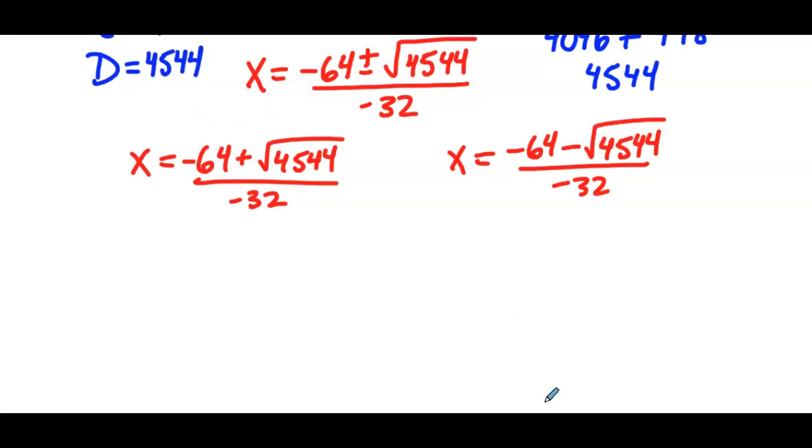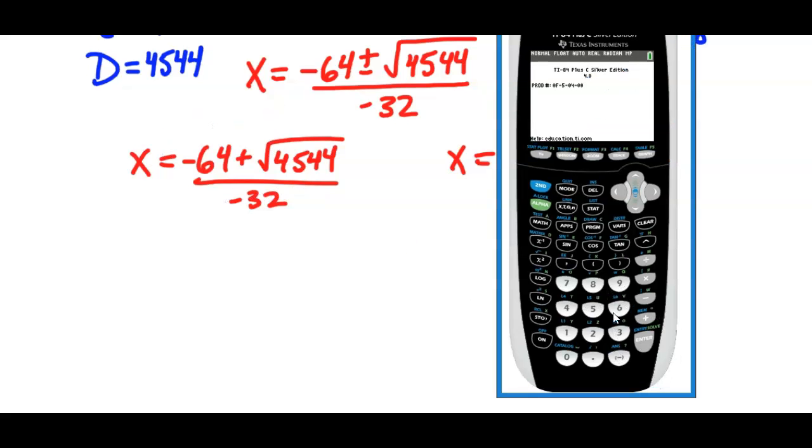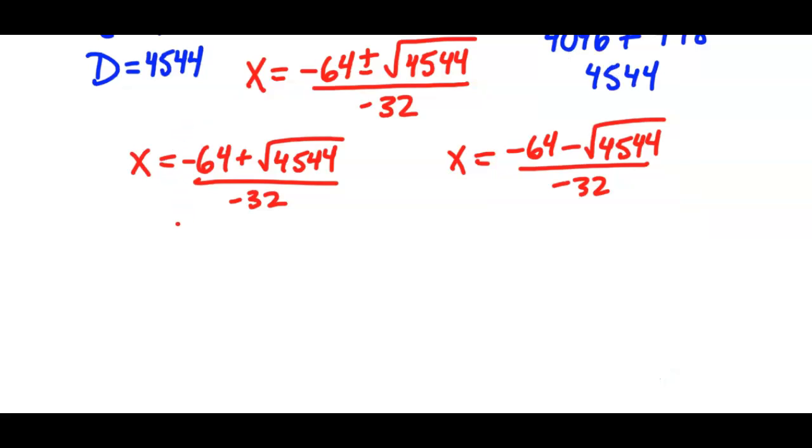So we'll check this solution first. We have negative 64 plus the square root of 4,544. Now that's a positive number, and if I divide it by negative 32, I would get a negative number, so I'll stop there. We're going to reject this answer because it will be negative.